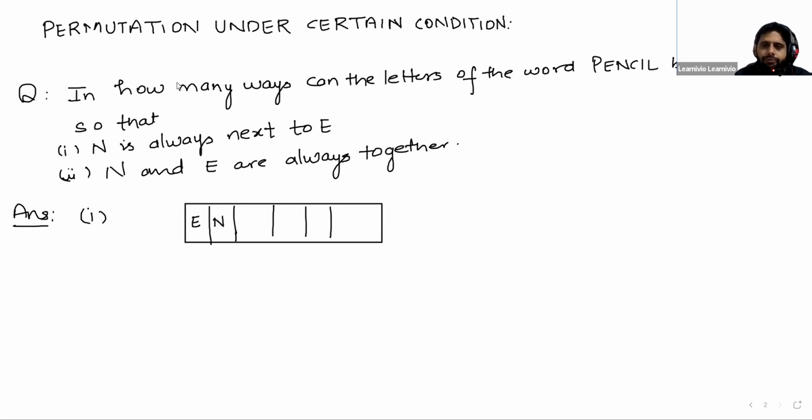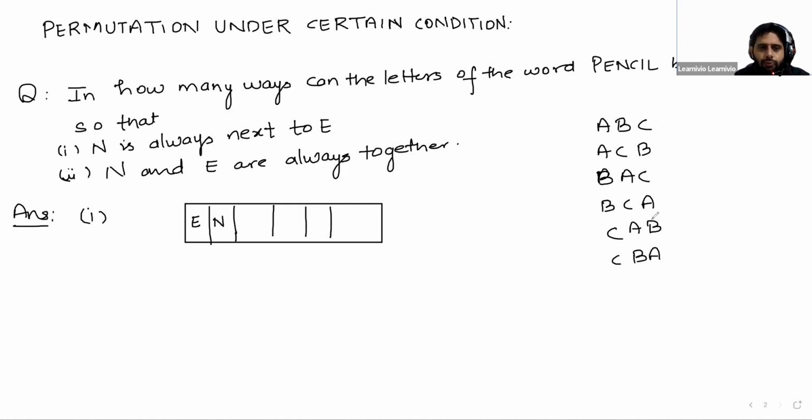Take an example. Suppose we have A, B, and C. With the help of these three alphabets, how many words can we form? We can form ABC, ACB, BAC, BCA, CAB, CBA. So six words can be formed by using these three alphabets.